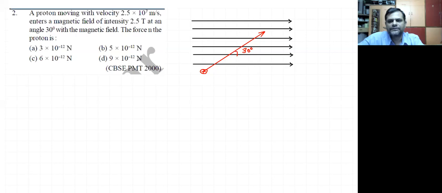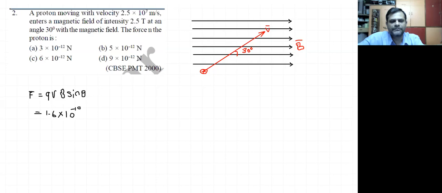That means the velocity of the proton is going to be making an angle of 30 degree with the magnetic field, right? So we have a standard formula for this situation, that is F is equal to Q V B sin theta, correct. So if we use this formula here, we get Q, that is the charge on proton, which is actually given by charge on electron only, which is 1.6 into 10 raised to minus 19.